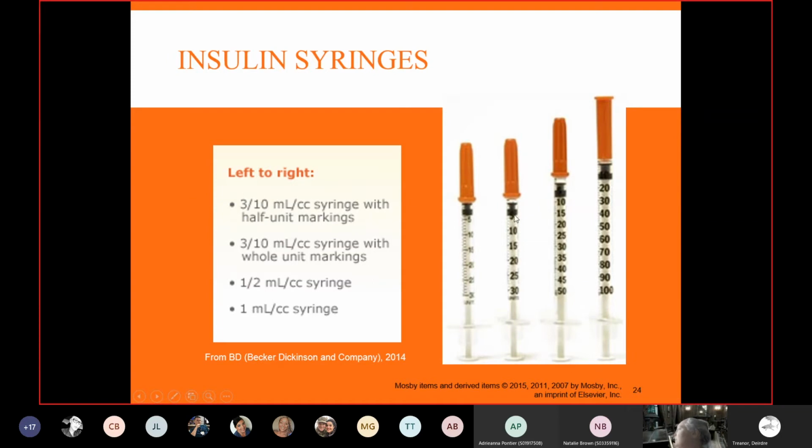Then this one has whole marking units. It's also a 3 and 10. And then we have the half milliliter, which is 50 units. Remember, U100 is 100 units per milliliter. Well, this is only half a milliliter, which is half of 100.